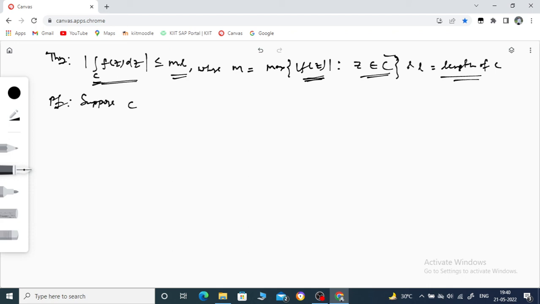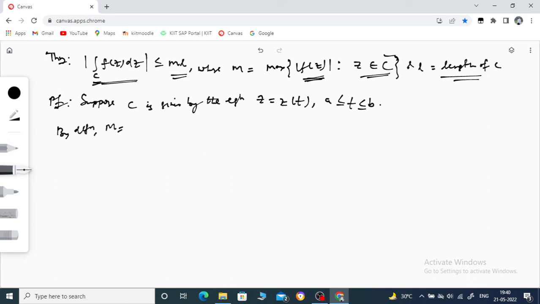Suppose the curve C is given by the equation z is equal to z of t, where t varies from a to b. Suppose this is the curve C, then by definition what is your M?